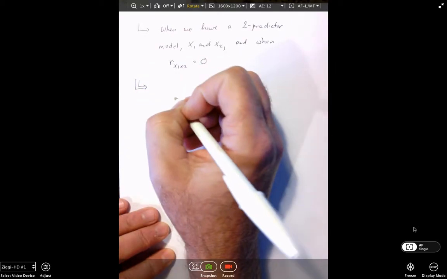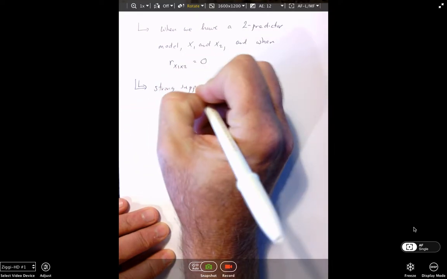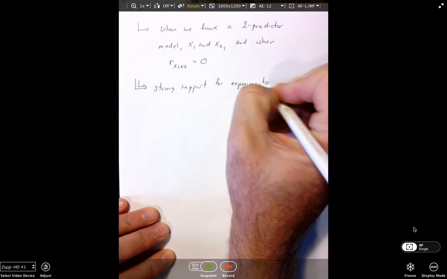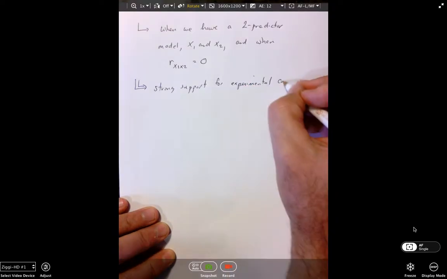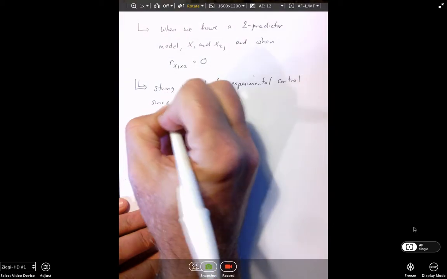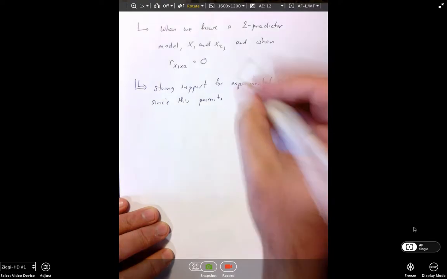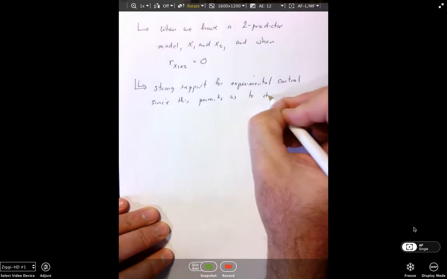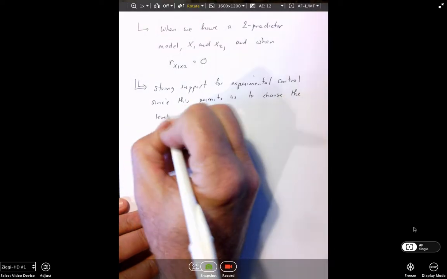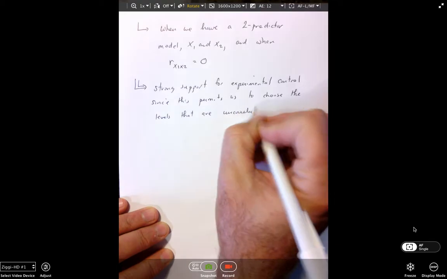Okay. So I can say strong support for experimental control since this permits us to choose the levels that are uncorrelated.